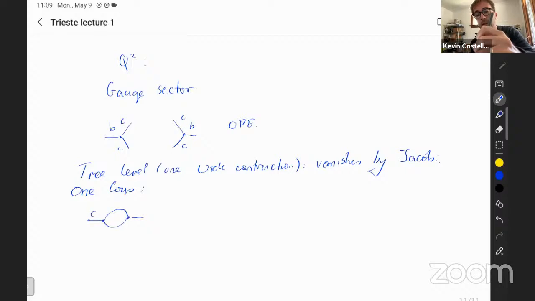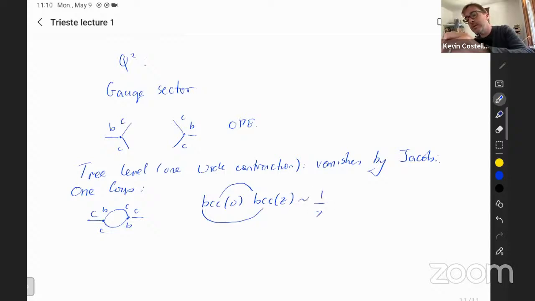I'm going to have C fields on the outside like that. Recall the legs correspond to a Wick contraction. They connect to C and a B because the OPE of C and B is 1 over z. So let's compute this. We might have a contraction like that, and a contraction like that.